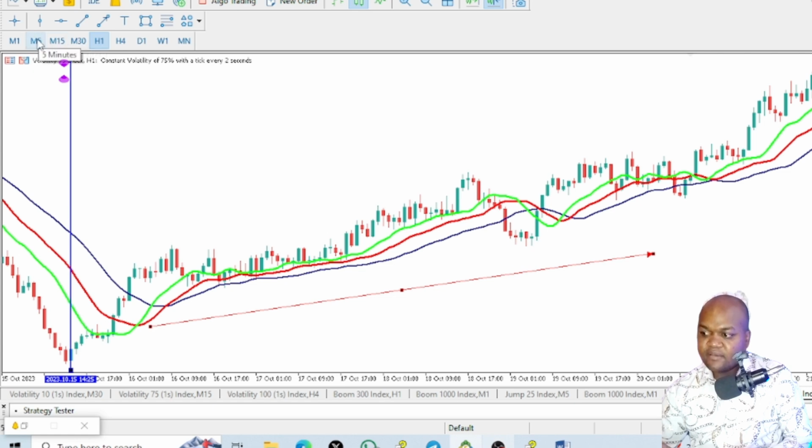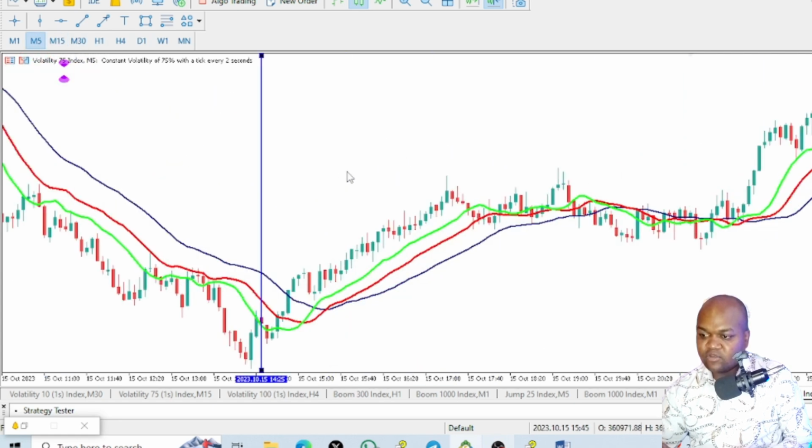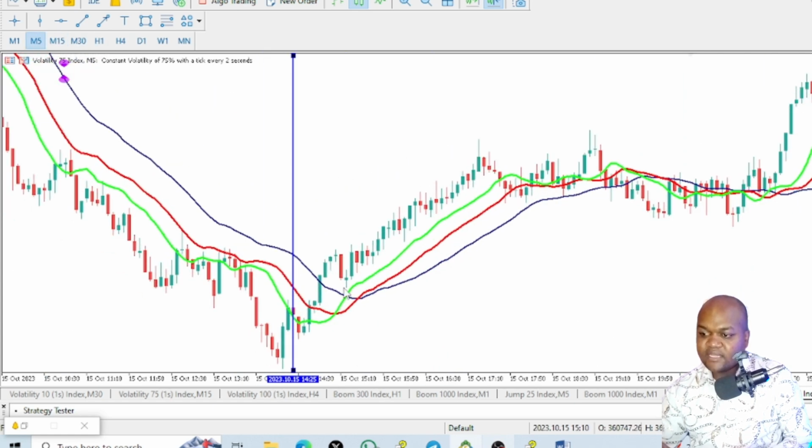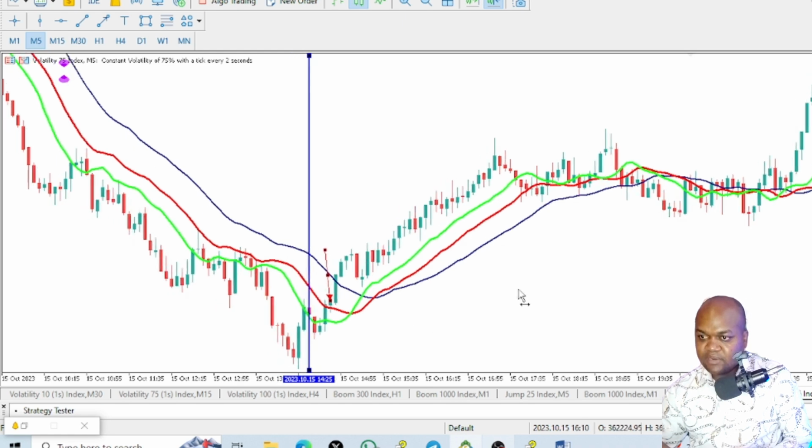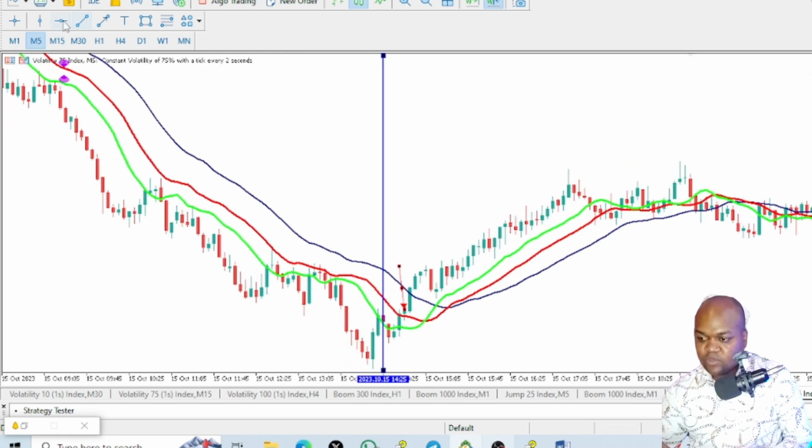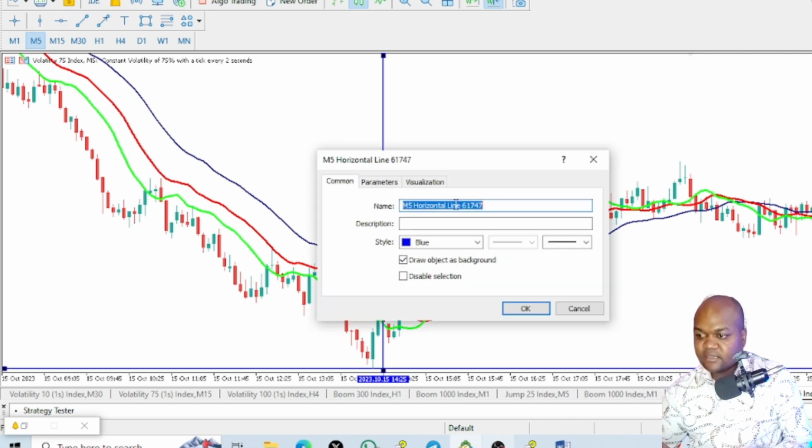We go to the 5-minute time frame and we look for a buying opportunity. We want to buy when a candle closes above the red line. In this particular case, we had the price closing above this red line. Our stop loss is going to be placed just below the previous swing low, which is this particular level.